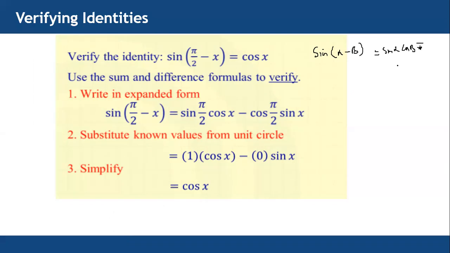If you expand with alpha as π/2 and beta as x, it equals sine π/2, which is 1, times cosine x, minus cosine π/2, which is 0, multiplied with sine x, equal to cosine x.